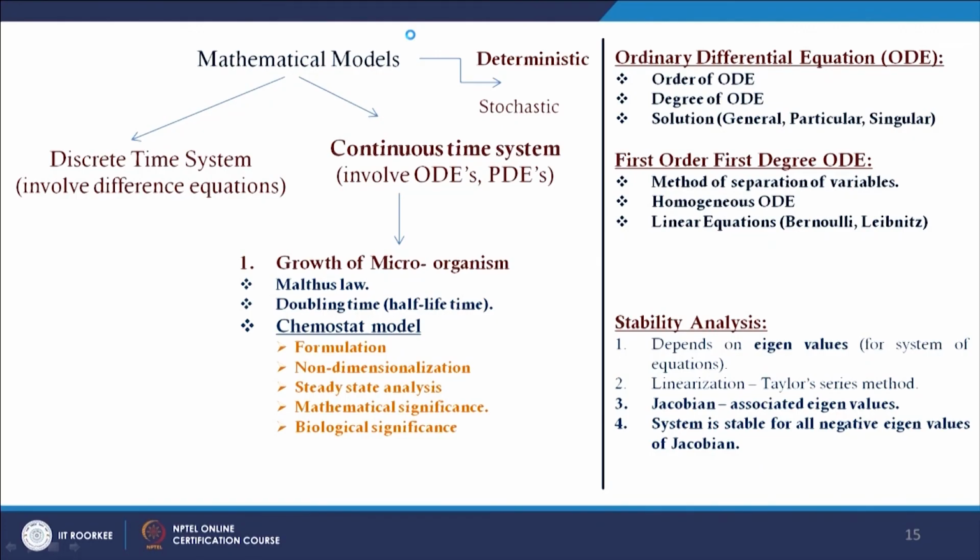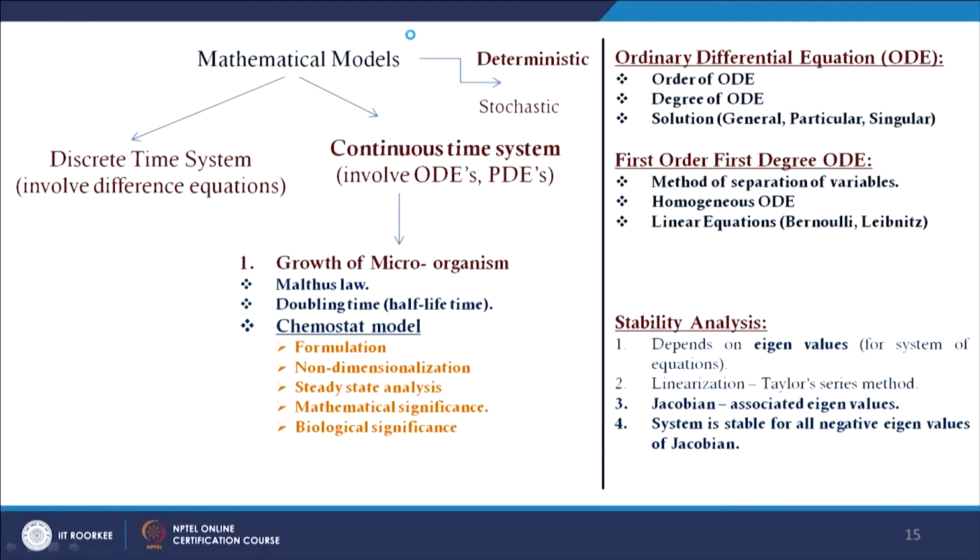And in the ordinary differential equation sense we discussed the order of ordinary differential equations, the degree of the ordinary differential equation, and general solutions, particular solutions or singular solutions. And we discussed different methods for the solution of ordinary differential equations, that is, the method of separation of variables, homogeneous ordinary differential equations, and linear equations like Bernoulli or Leibniz form.